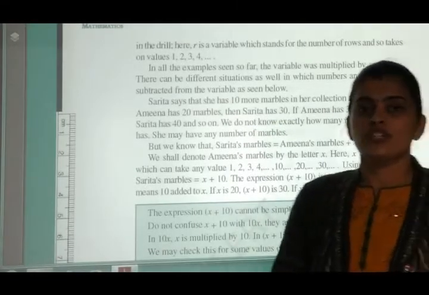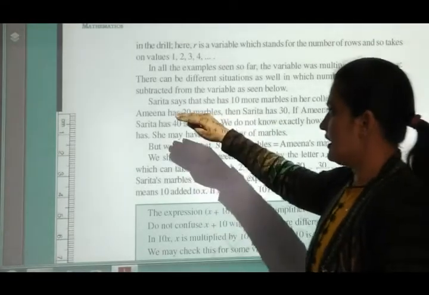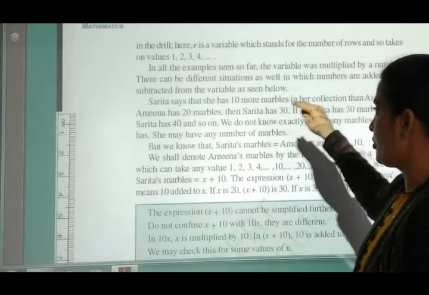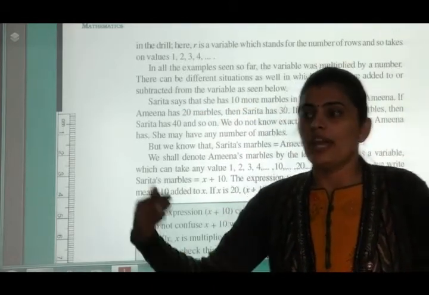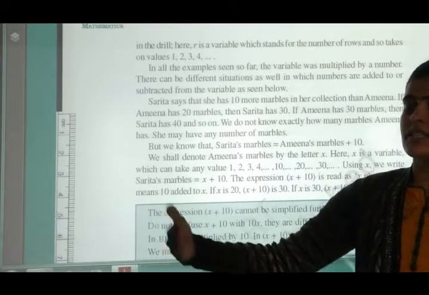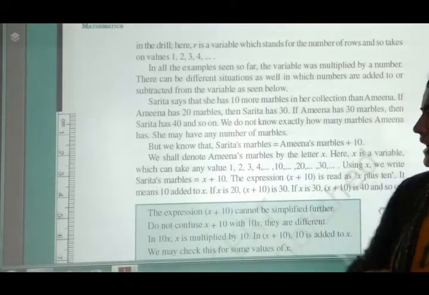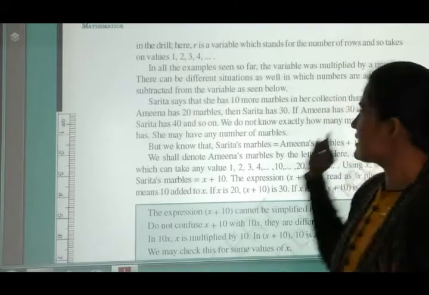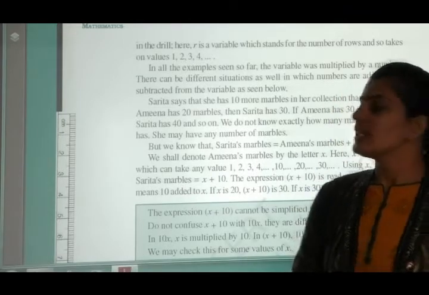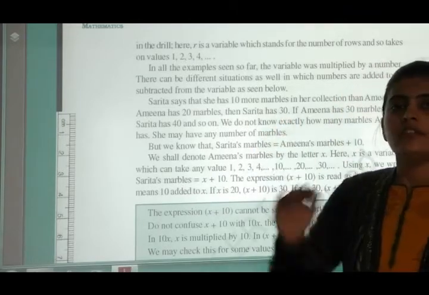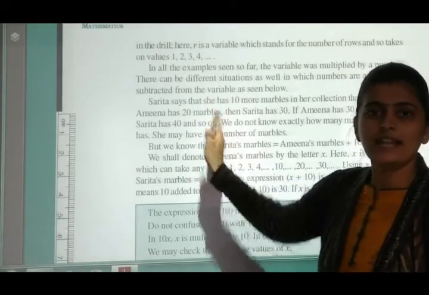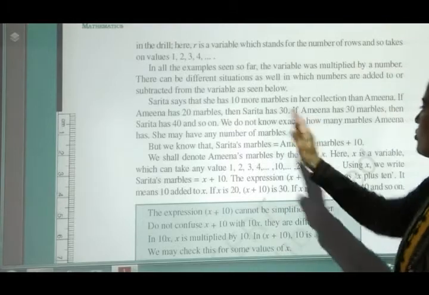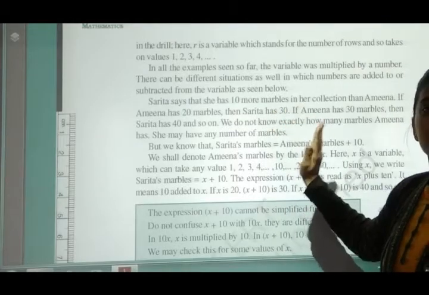Whatever number of marbles Amina has, Sarita has 10 more. So if Amina has 20 marbles, then what will Sarita have? 10 more. That means 20 plus 10, 30. So Sarita will have 30 marbles.